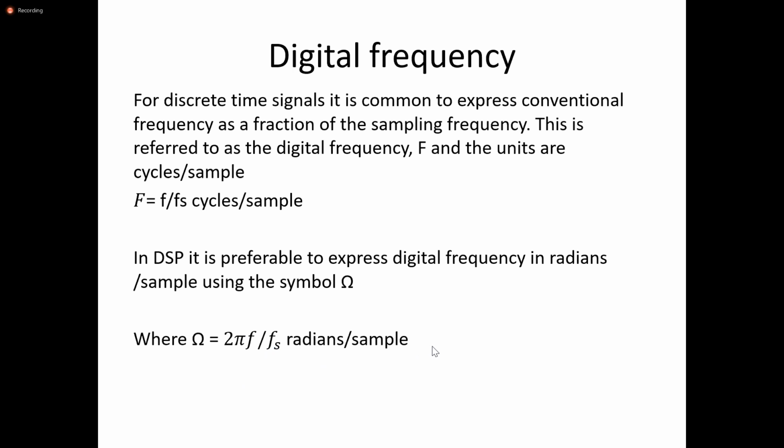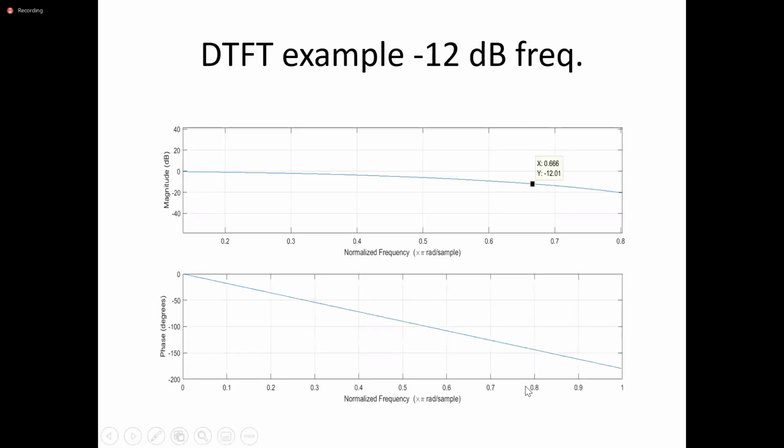And the units are radians per sample. So if we go back, we'll see that it is referred to by MATLAB as normalized frequency in terms of radians per sample times pi.